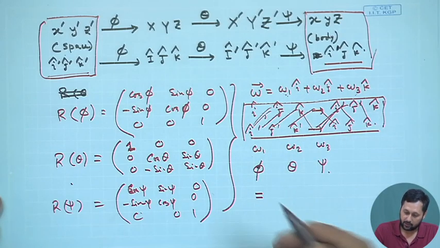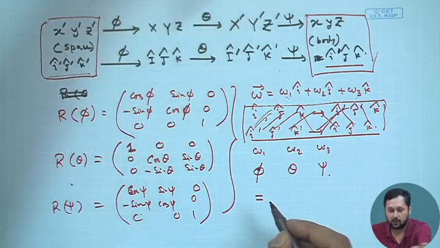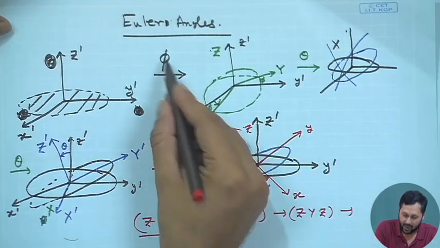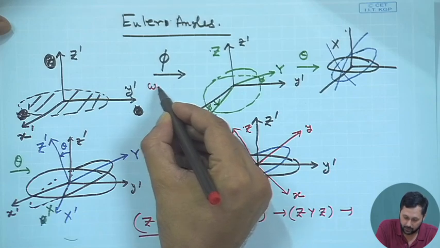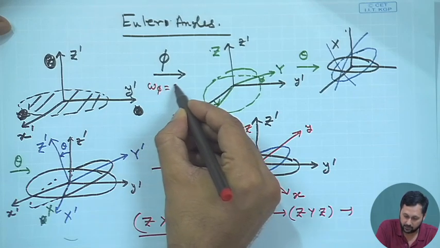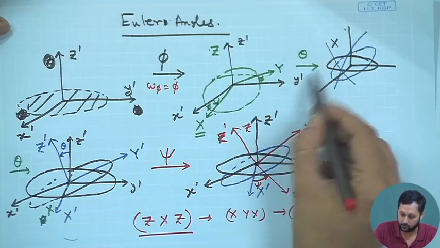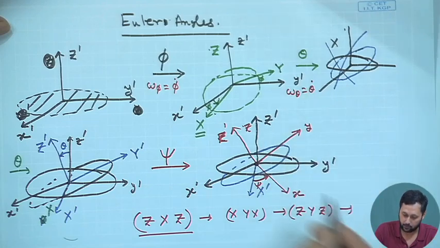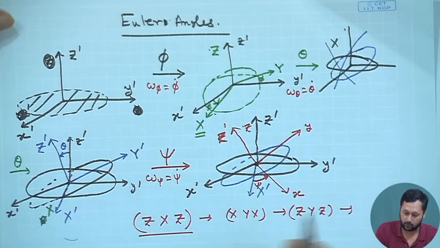But what we can begin with, we can start writing the angular velocity corresponding to this rotation to be omega phi, which is nothing but phi dot. Similarly, we can write the angular velocity with respect to this as omega theta, which is equal to theta dot, and here we can write omega psi, which is equal to psi dot.